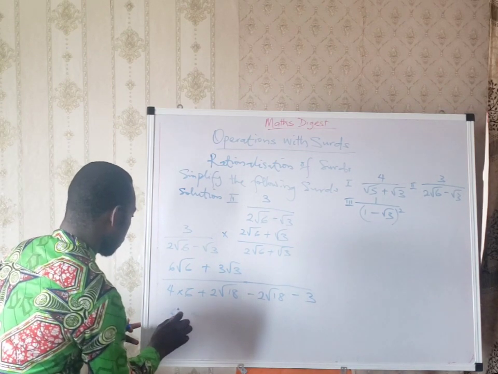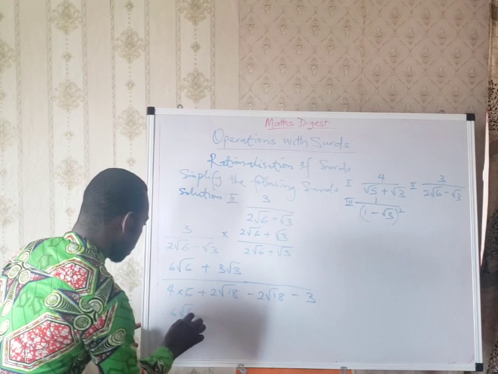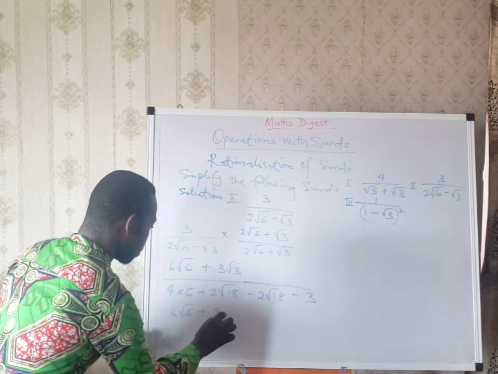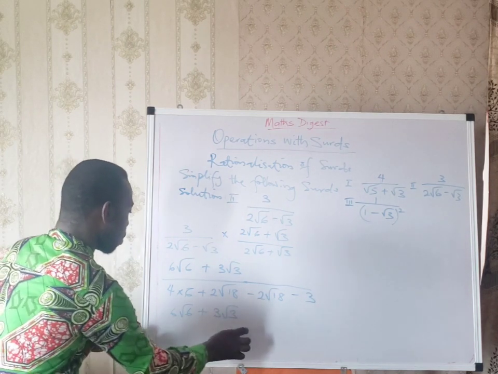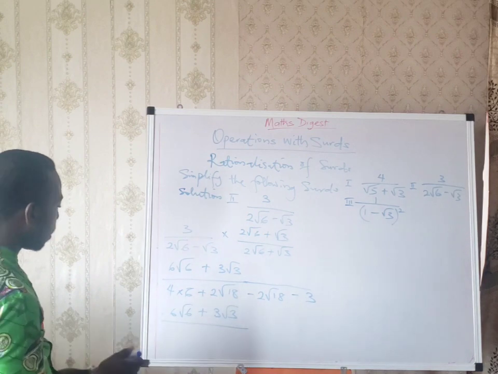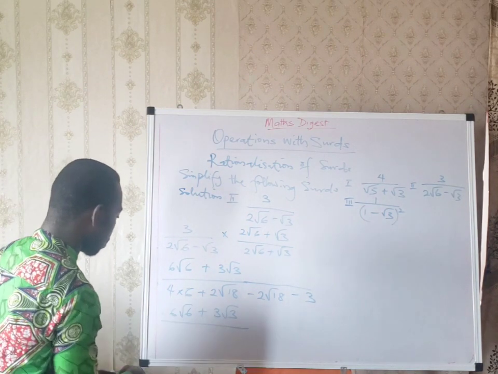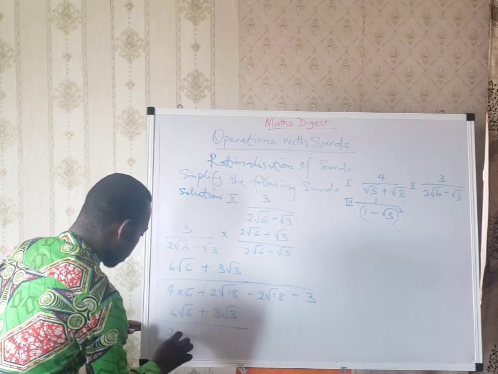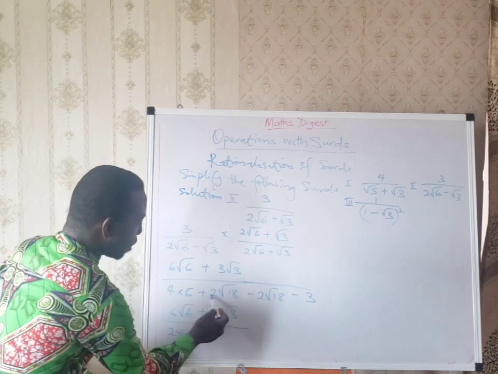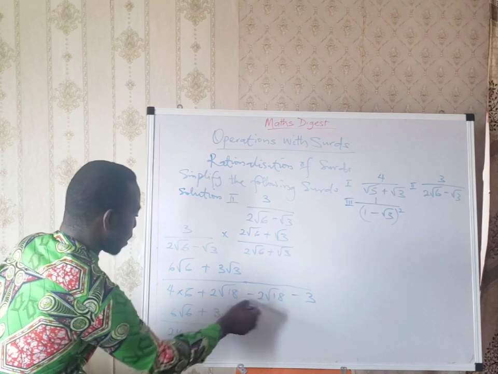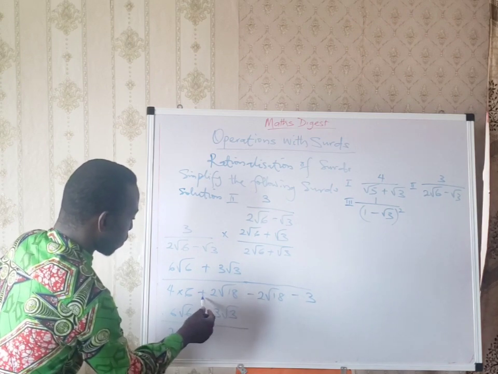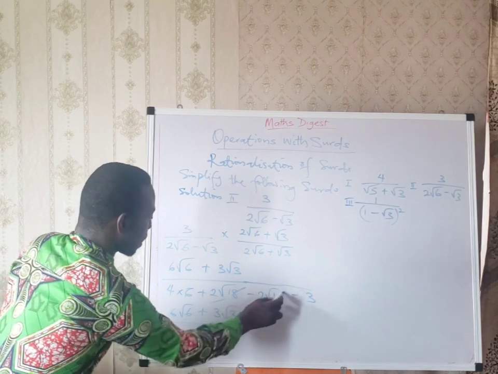Now from here we can say 6 root 6 plus 3 root 3, all over, now this times this is what? 24. Looking at this, they are the same. They can cancel each other. This has plus, this has minus, so you can cancel them.